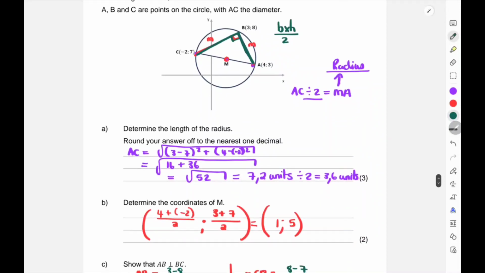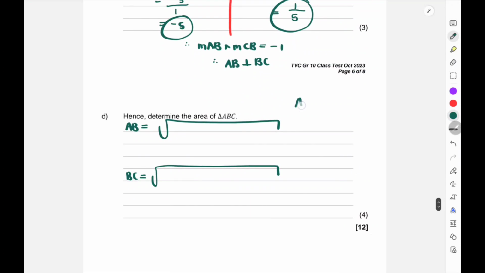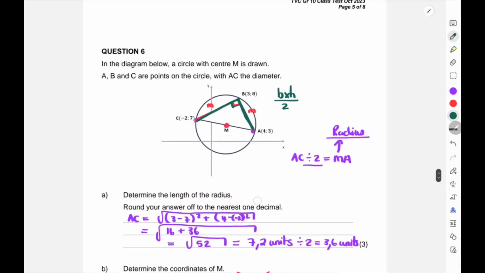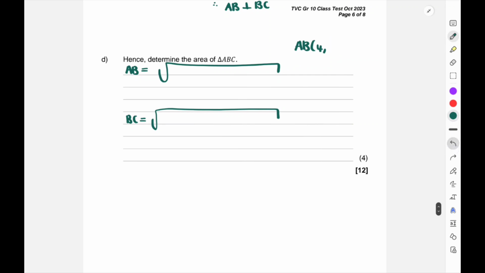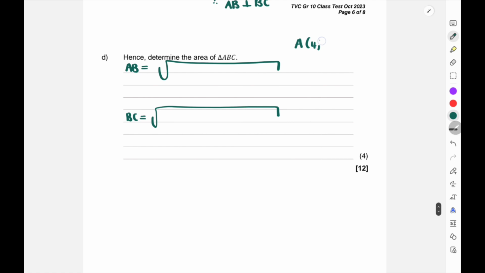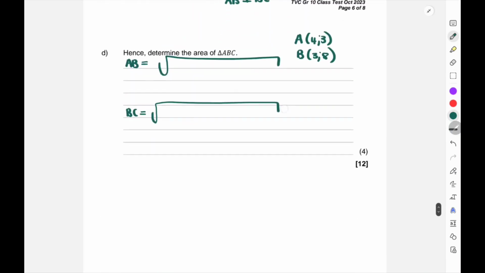Sorry that I have to go up like that. So A is (4, 3), B is (3, 8), and C is (-2, 7).